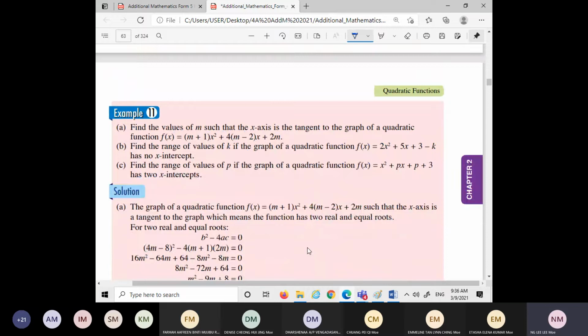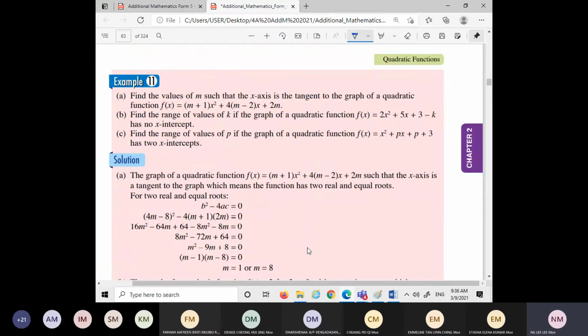Now we go to example 11. We look at A. Find the value of n such that the x-axis is the tangent to the graph of the quadratic function f(x) equals and so on. I won't read this out.